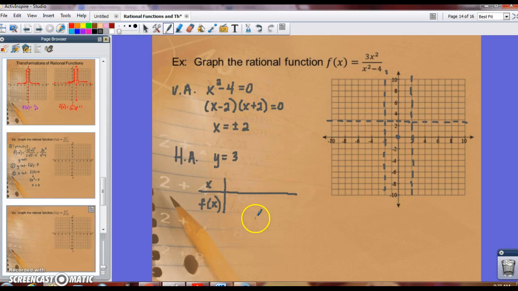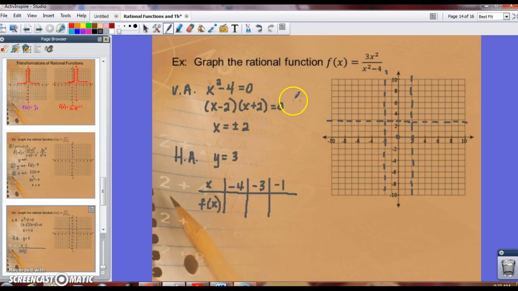So let me do this at negative 4, negative 3, and negative 1. Let's do those.